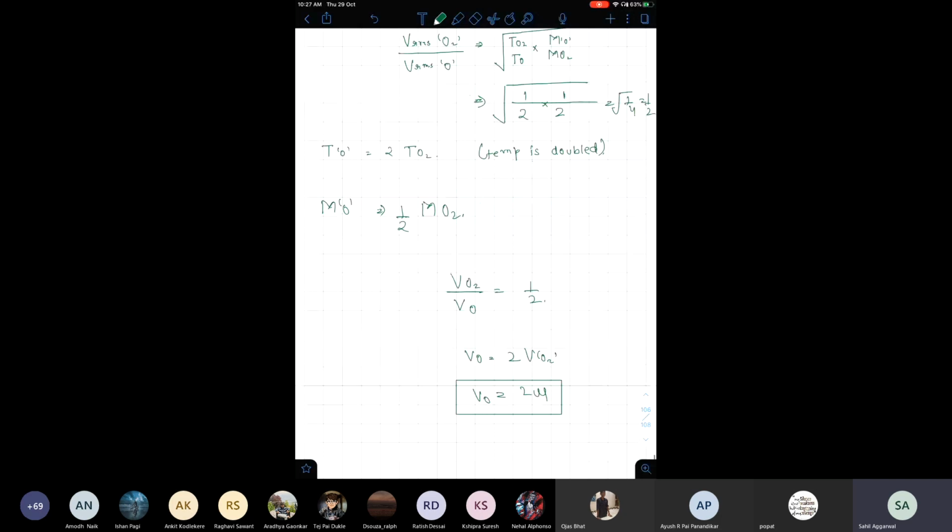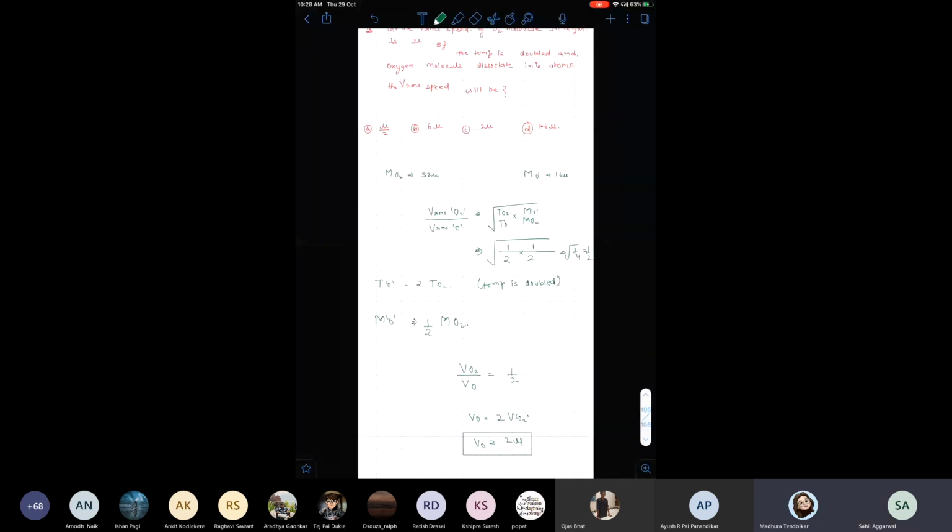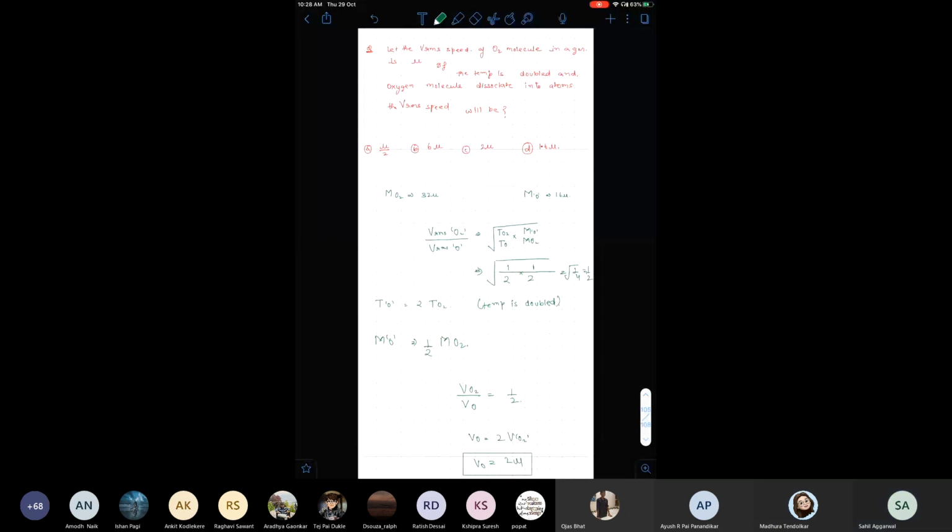Can you just scroll up? Can you explain the last part, the VO2 upon VO? See, I'll take it from the starting only. Mass of oxygen was 32, mass of O was 16.